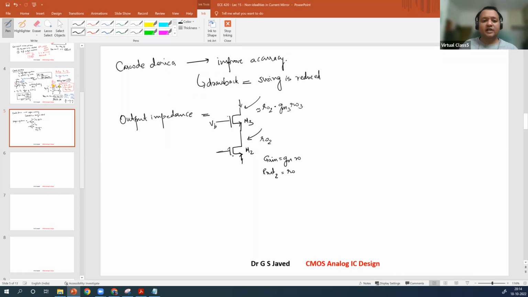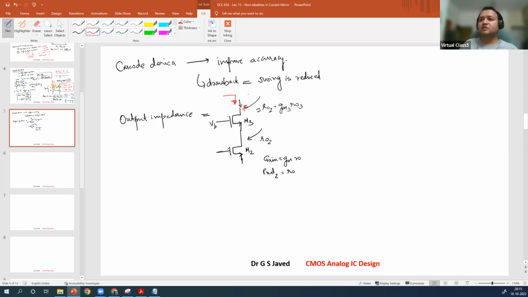This significant increase allows you to have a very high output impedance looking into the circuit. So the Rout looking into this node P will be r02 times gm3 times r03. Now this also helps in increasing the accuracy, because the error reduction will be lesser.